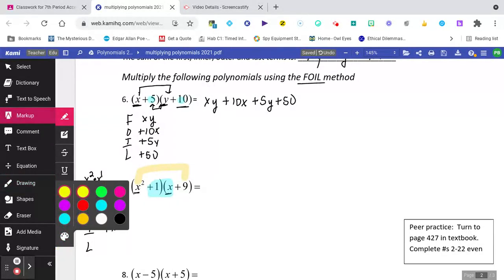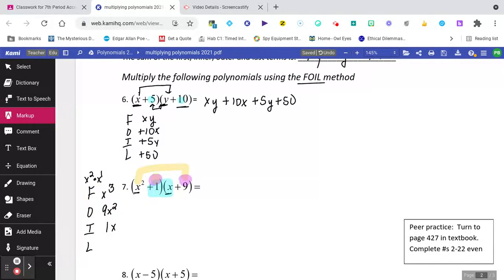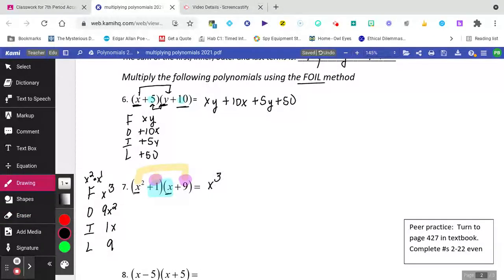Well, last in each set is a 1 and a 9. 1's last in the first set of parentheses. 9's last in the second set of parentheses. So 1 times 9 is 9. And do I have any like terms? No. So it's x to the third power plus 9x squared plus 1x plus 9.